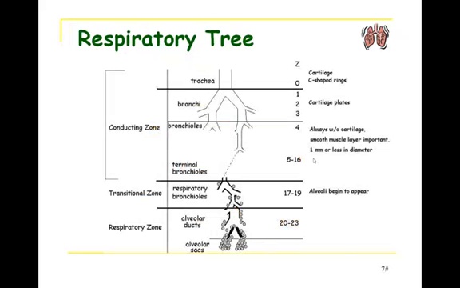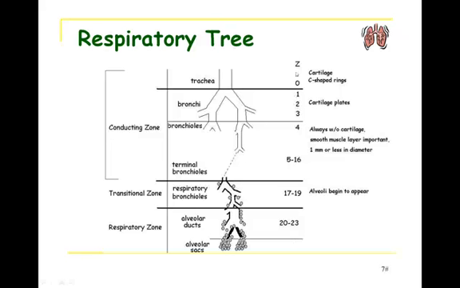Each branching airway is referred to as a generation or an order, which is characterized by this letter Z. The generation is where each branching occurs. You start with generation 0, which is the trachea. Where it first branches will be your primary bronchi, and that would be generation 1. Then when it branches again, it's generation 2, and it keeps going on down.